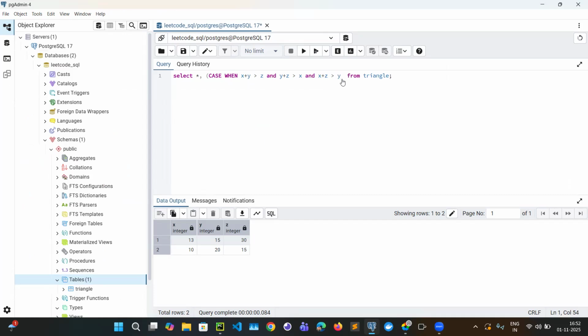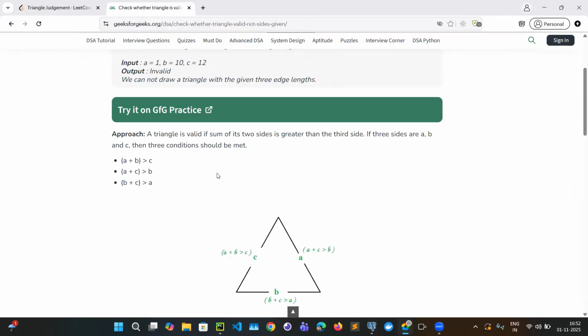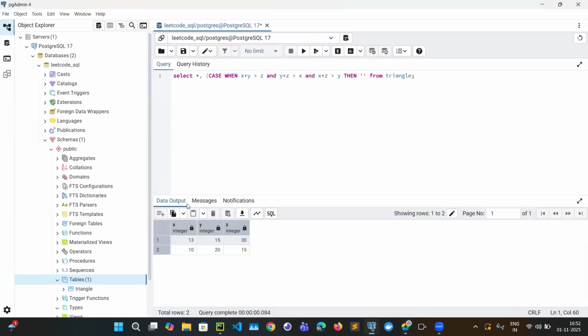If all these three conditions are met, then we say yes, in single quotes, else we will say no, and we will end it from triangle.